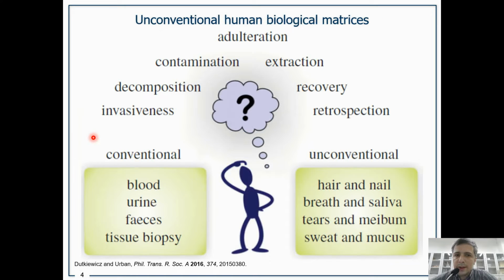And we deal with analysis of unconventional biological matrices. So this is a recent trend in clinical chemistry. The conventional analysis encompasses analysis of blood, urine, feces, or tissue biopsy, but recently there has been growing interest in analysis of unconventional specimens such as hair, nail, breath, saliva, tears, meibum, sweat, and mucus.